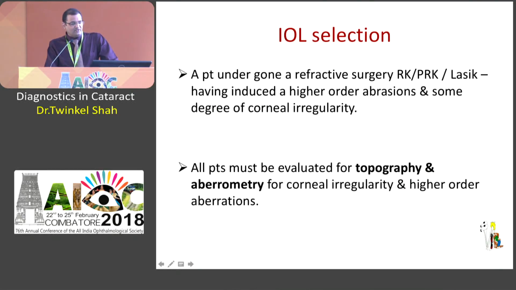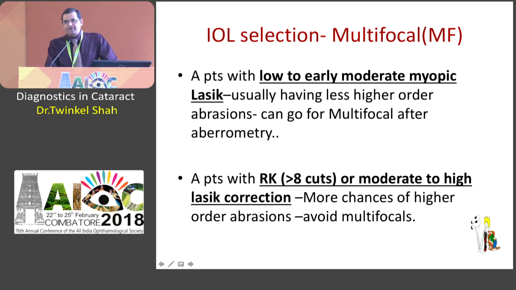The IOL selection: a patient who has undergone RK or PRK or LASIK has induced some higher order aberrations and some degree of corneal irregularity. So all these patients have to be evaluated with topography and aberrometry, as Dr. Ramesh Durairajan already told in the first talk. A patient who underwent refractive surgery 15-20 years ago has always had spectacle-free vision, and for the future life also they will ask for multifocal lenses.